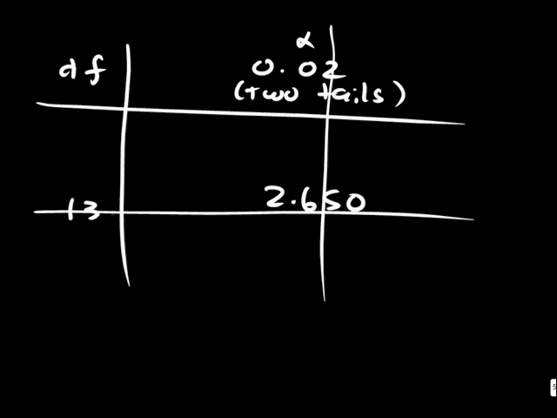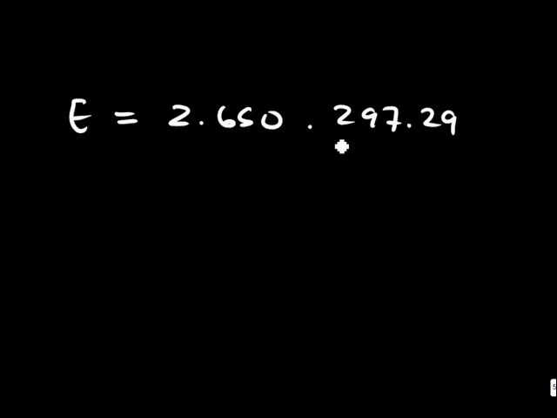The margin of error formula gives us 2.650 times 297.29 divided by the square root of 14.